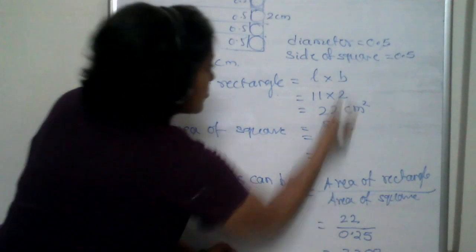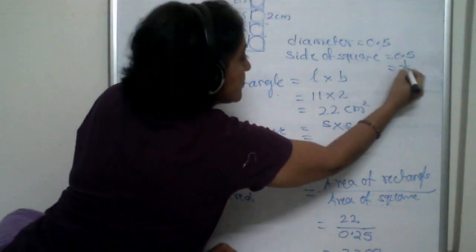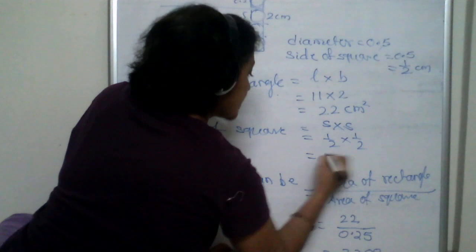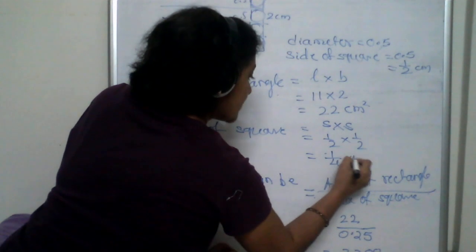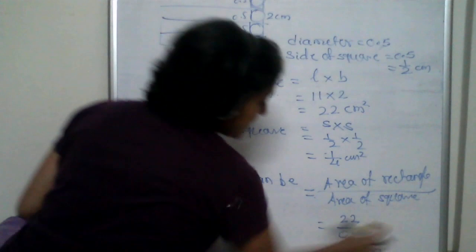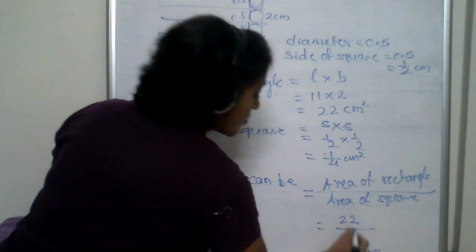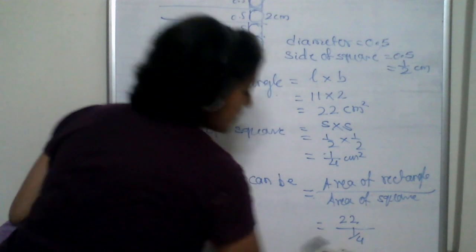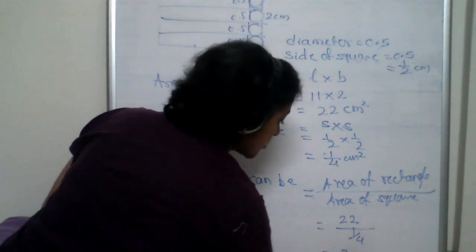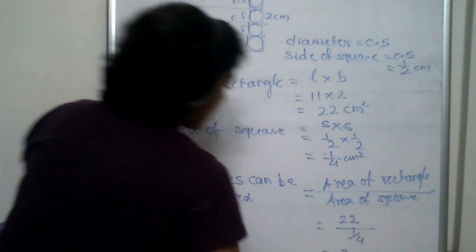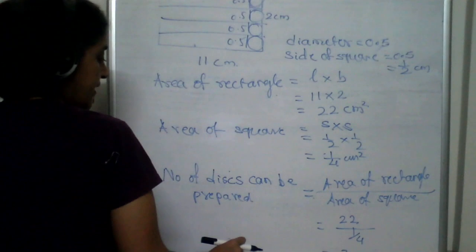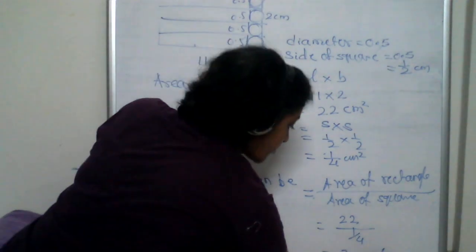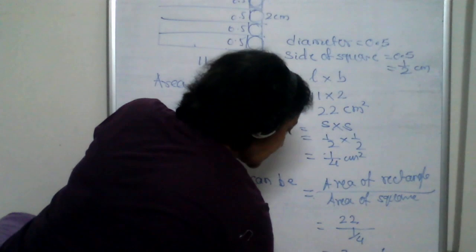Okay, 0.5 is equal to half centimeter. So half into half, that is equal to 1 by 4 centimeter square. Now while writing here, if you write it as 1 by 4 and then transpose it the other way, that is 22 into 4 by 1, because its inverse we will take, 4 by 1 will be 88.